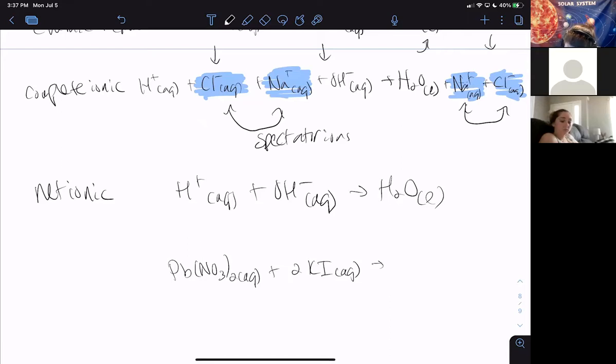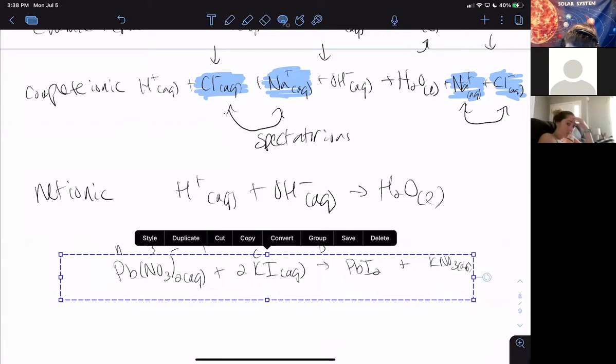When they combine, we're going to switch partners, right? So this is our A, B, C, and D. So we're just going to switch partners. We're going to produce lead iodide and potassium nitrate. Potassium nitrate, that by solubility rules is soluble.